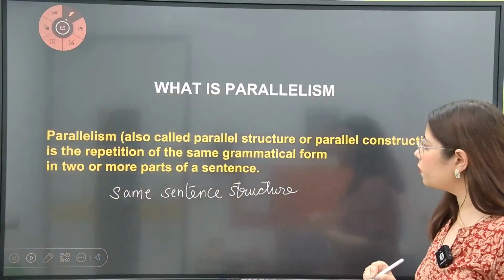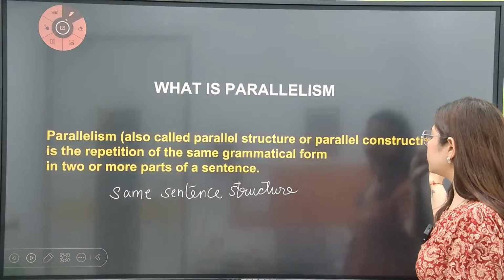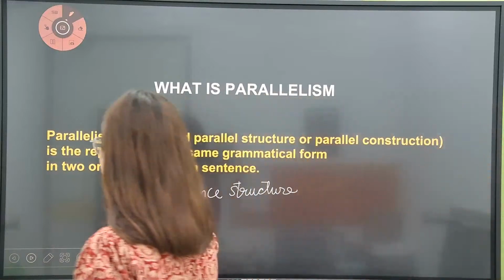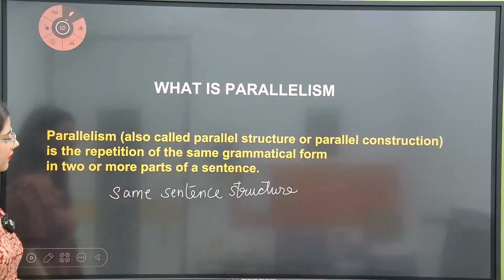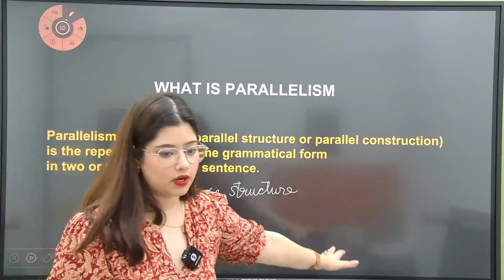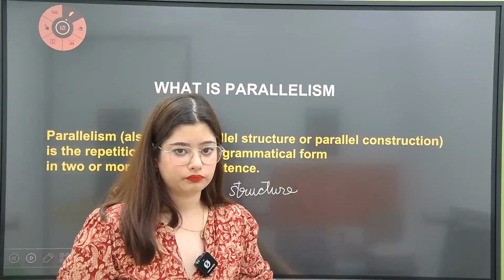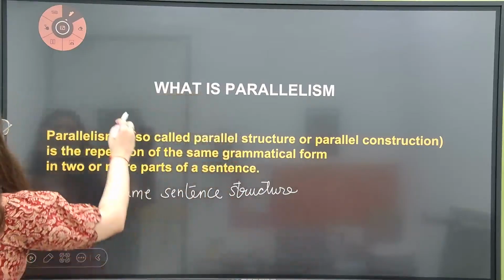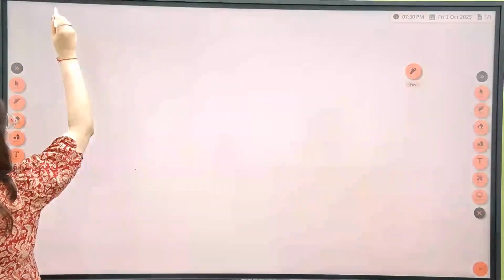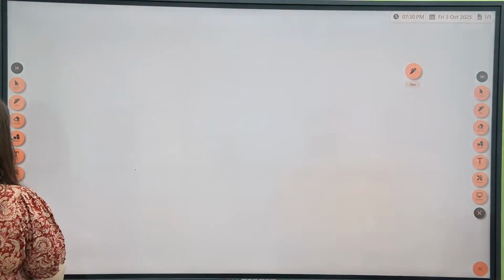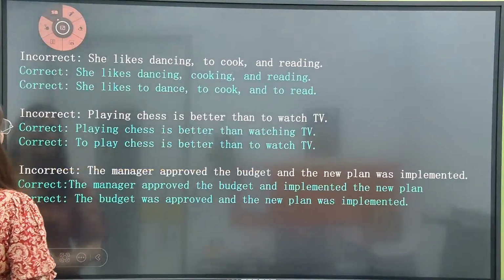It is also known as parallel structure or parallel construction. It means to have the same sentence structure throughout. Right? What do we mean by that? Let's have a look. With the help of some examples, we'll try to understand.